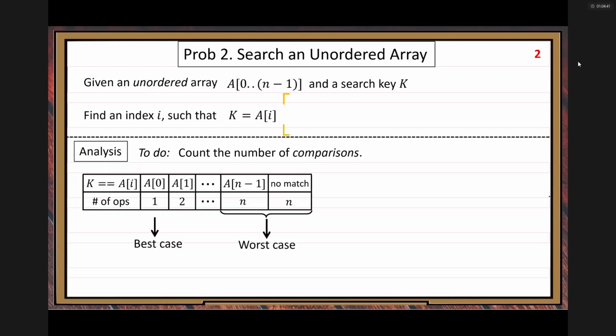If you use the worst case, n comparisons, to describe the overall efficiency, do you think it's a reasonable, good one? If you use this one, most of the time you do better than this.